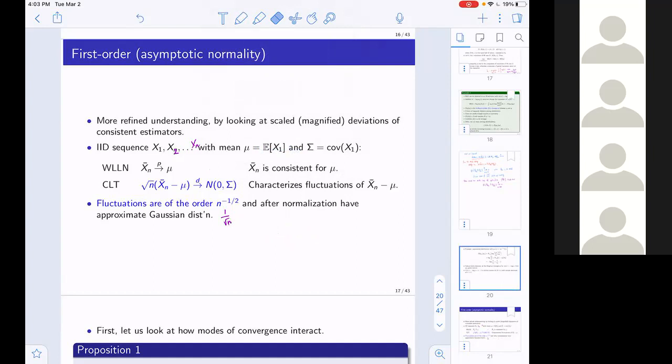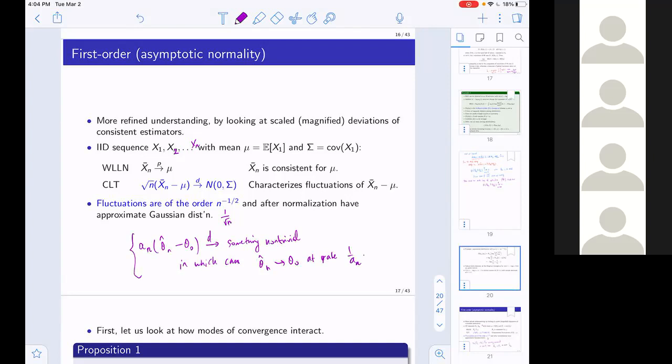We want to be able to have statements like this: I know that theta hat n converges to theta naught, and I would like to have a sequence of numbers, going to 0, multiplied here such that this converges in distribution to something non-trivial, in which case we'll say theta hat n converges to theta naught at rate 1 over a_n.